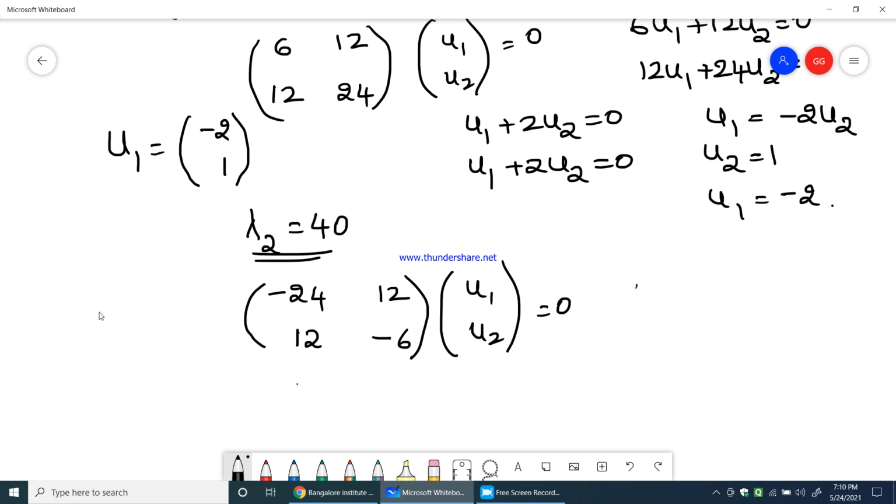Therefore, minus 24 times U1 plus 12 times U2 equals 0 is the first equation, and 12 times U1 minus 6 times U2 equals 0 is the second equation.